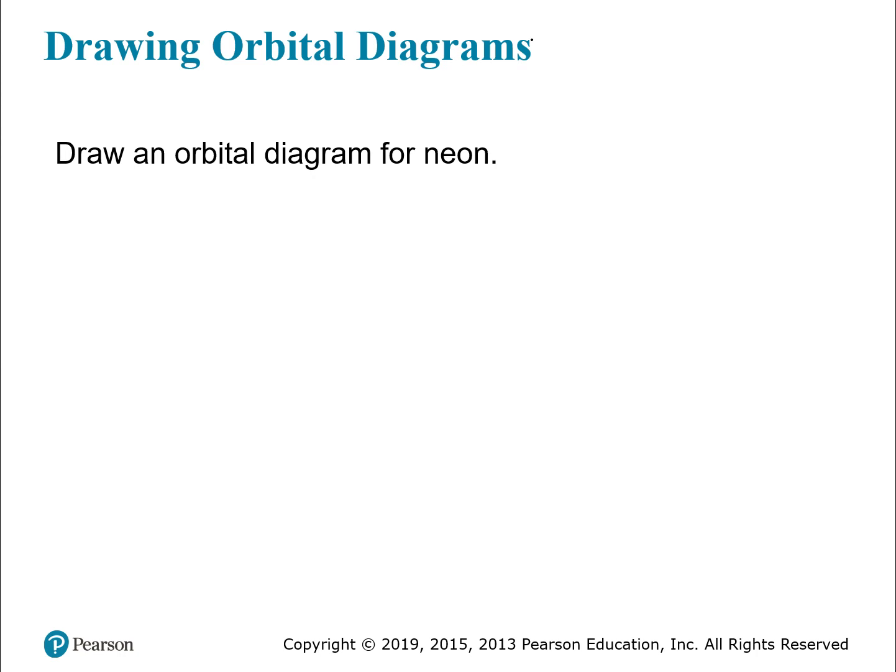So the atomic number for neon is 10, which means that it's going to have 10 electrons. The orbital diagram is going to show where those electrons are and how many electrons are in each orbital. So I'm going to write out some energy levels and sublevels, and then we're going to draw this out.